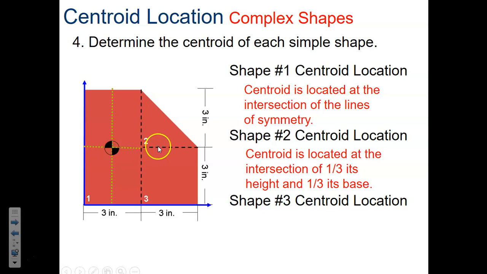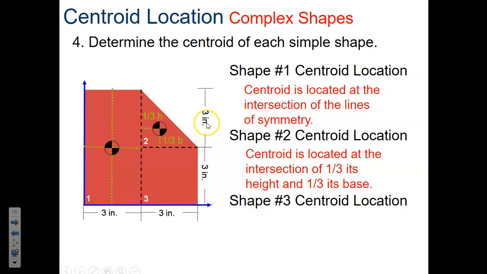So now when we look at shape number 2, we've got to figure that it's already 3 inches over and 3 inches up from my corner, my reference point. So when we figure out the centroid of this location, then we have to add on the extra distance from this rectangle. So it's 1/3 over.